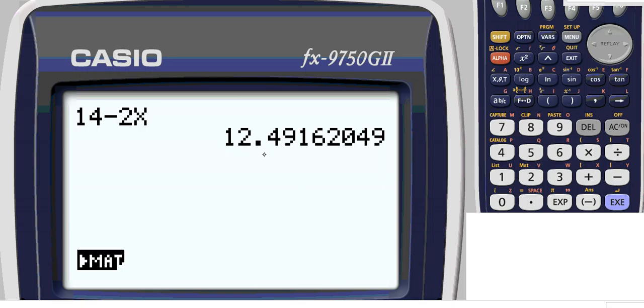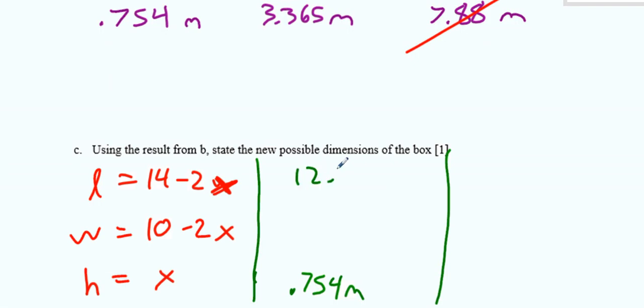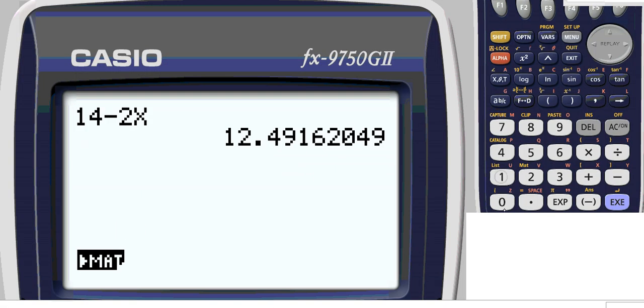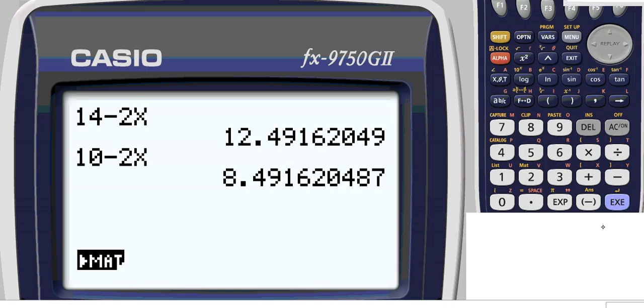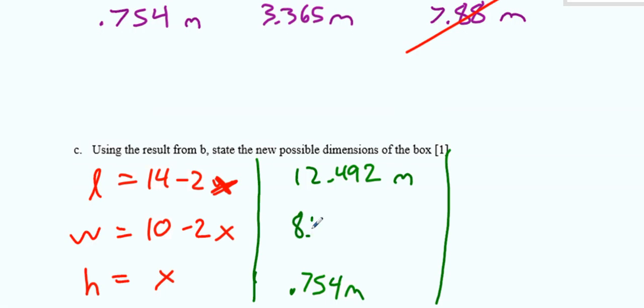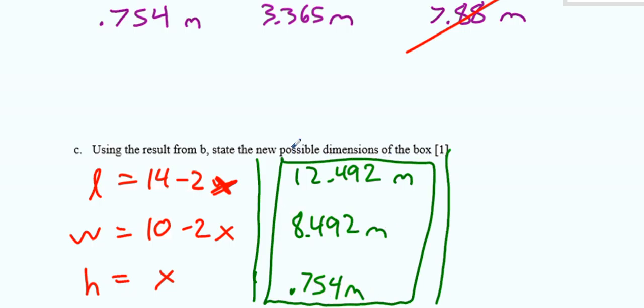So 12.492. And we'll do 10 minus 2x. 8.492. So here's one set of dimensions.